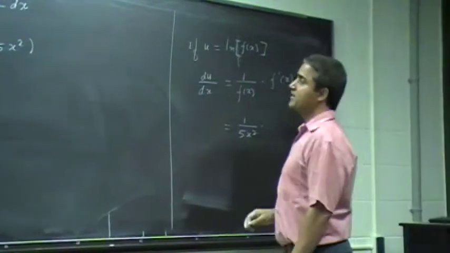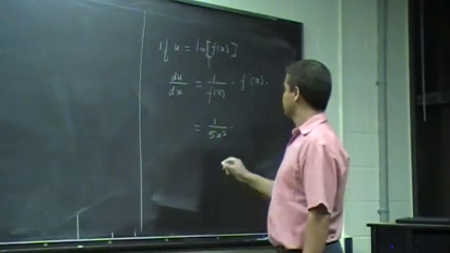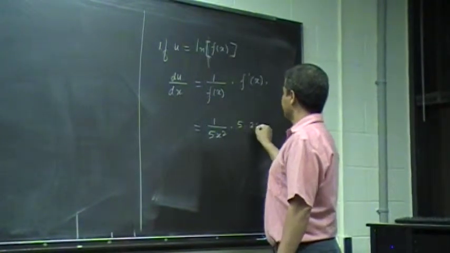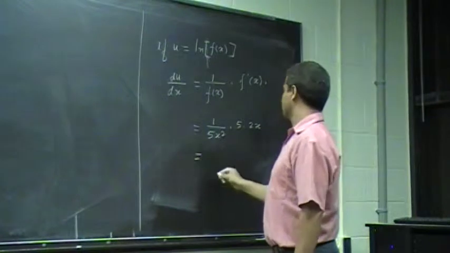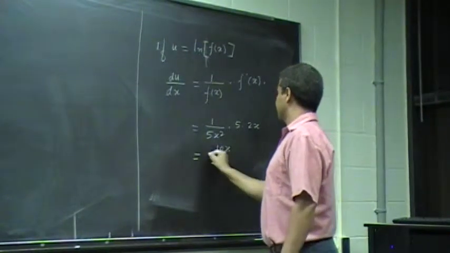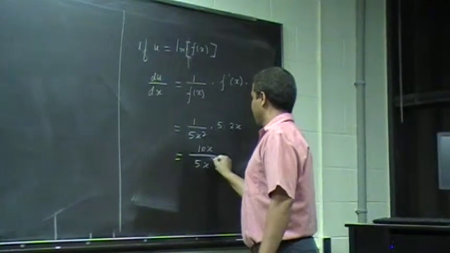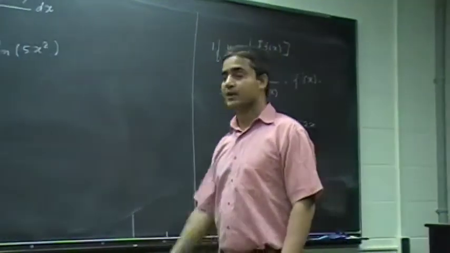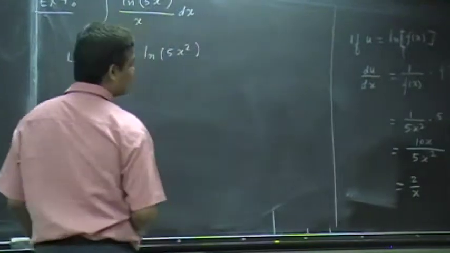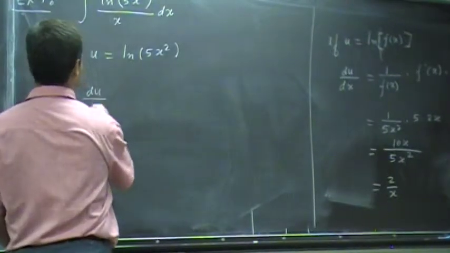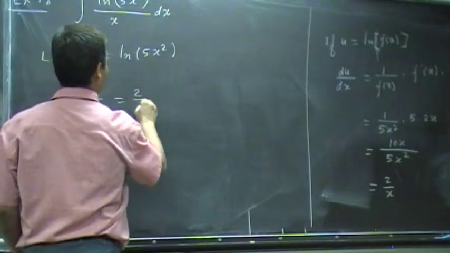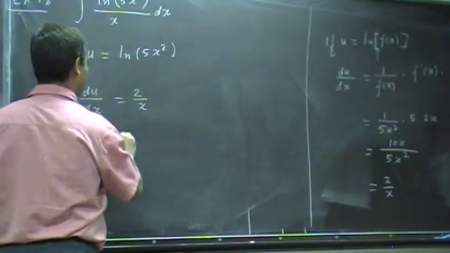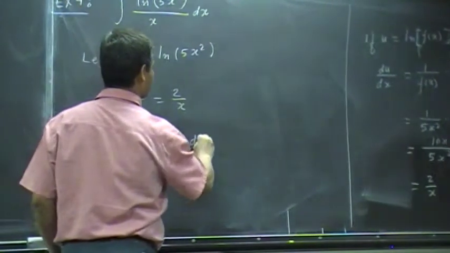What is f prime of x? The derivative of 5x squared is 5 times 2x, right? So 10x over 5x squared is 2 over x. du over dx is 2 over x, so du is 2 over x dx. Do you see my point?